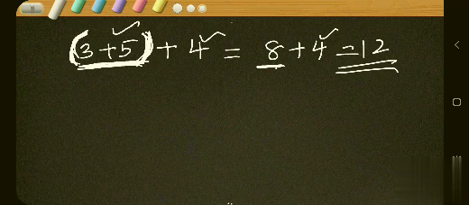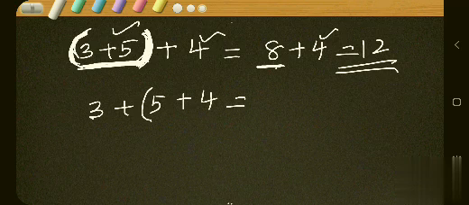And let's change the position of the bracket in the same problem. Instead of this bracket, let's put the bracket here. So we have changed the position of the bracket.